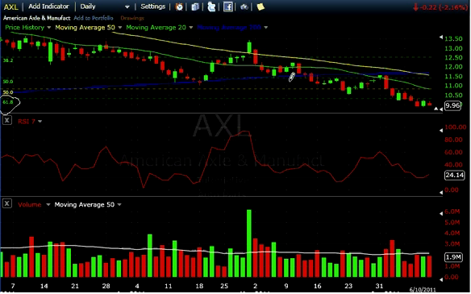Just out of curiosity, this yellow line here is a 50% Fibonacci retracement, and that goes back to August 8th of 2009. We plotted that at $2.80.